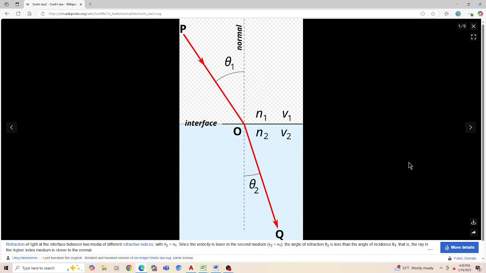Wonderful. The argument that a community puts at hand is that because you don't have a solid interface between your origination ray, your angle of incidence, and your angle of refraction, you can replace this interface with something called a gradient.